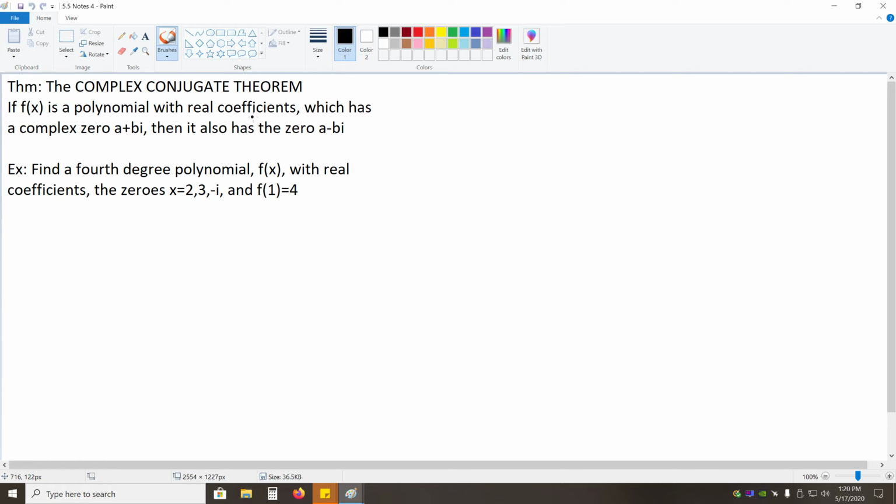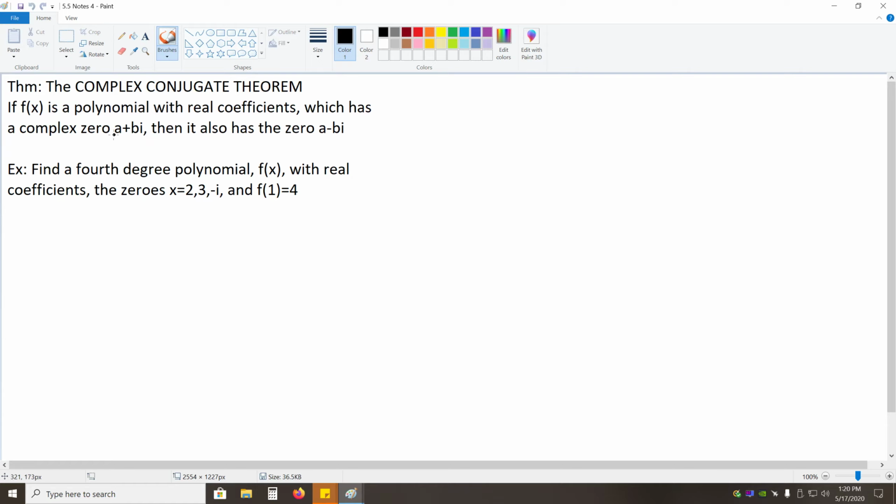So if you're given a polynomial that doesn't have anything like plus ix squared, meaning every single number in front of your x is a real number, then if one of your answers is x equals 2 plus 3i, then x equals 2 minus 3i also has to be one of the zeros.